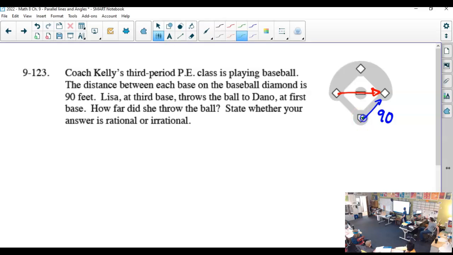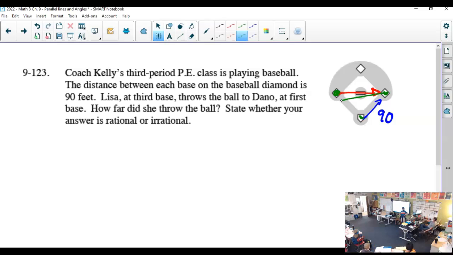This is home base, and this is where Dana is. And yes, it is a square, but it's called a baseball diamond. And this is half of the square, as previously drawn. So you know how a square is a rectangle?